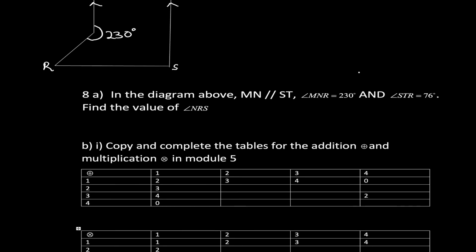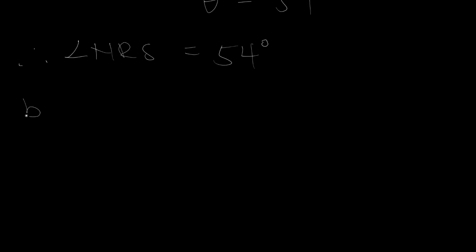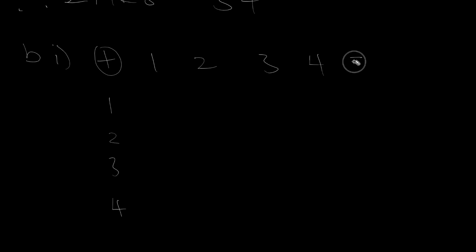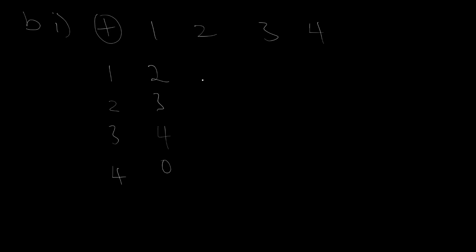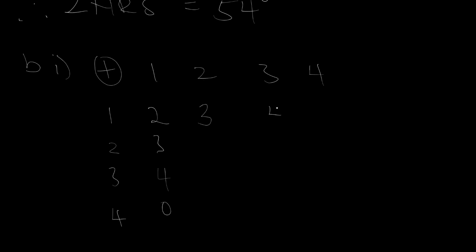Okay, so moving on to question B. So I read, BI, copy and complete the tables for the addition and multiplication in modulo 5. So let's copy the table. BI. This is our table for addition.